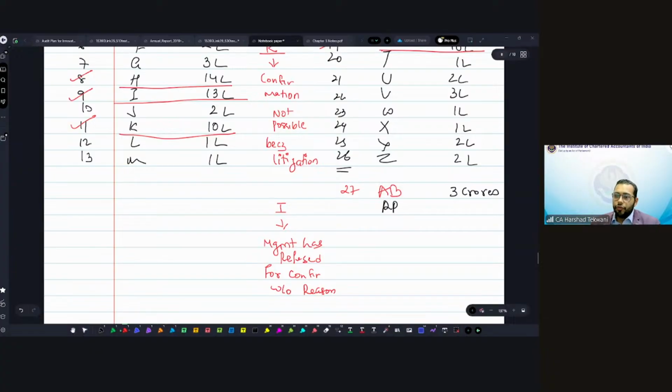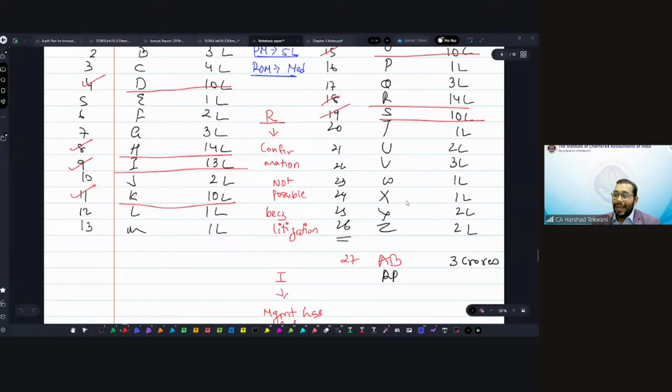Very good. So the purpose of this example is to explain two concepts. Number one is the concept where you cannot apply the procedures. If there is a sample on which the audit procedures are not applicable, at that point in time, you will select another sample. If I am unable to apply because of the management, that's a misstatement.